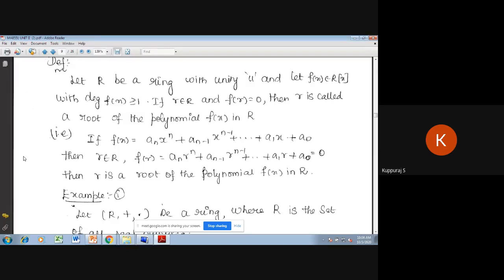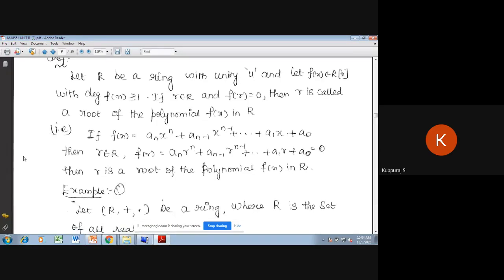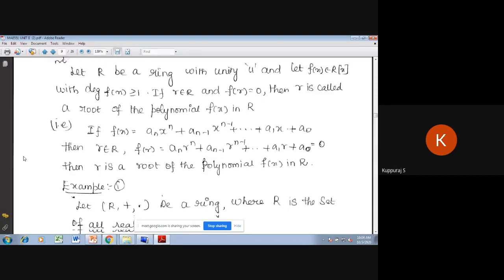If lowercase r belongs to capital R, replacing x by lowercase r, then a n r power n plus a n minus 1 r power n minus 1 up to a1 r plus a naught becomes 0. That means f of r is equal to 0, then r is a root of the polynomial f of x in R. So this is the remainder theorem on polynomial ring.